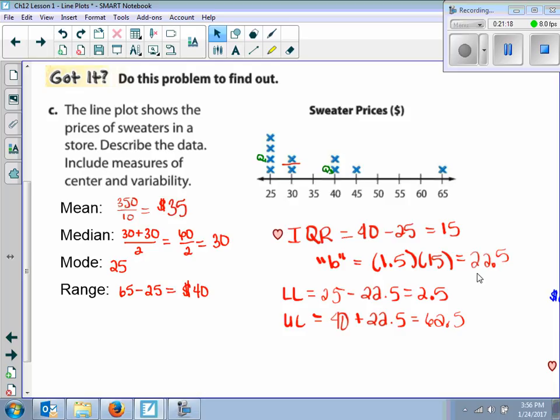The next thing we're going to do is find the lower limit and the upper limit. So that's quartile 1 minus 22.5. And for the upper limit, that's quartile 3 plus the B. Sorry. So look.